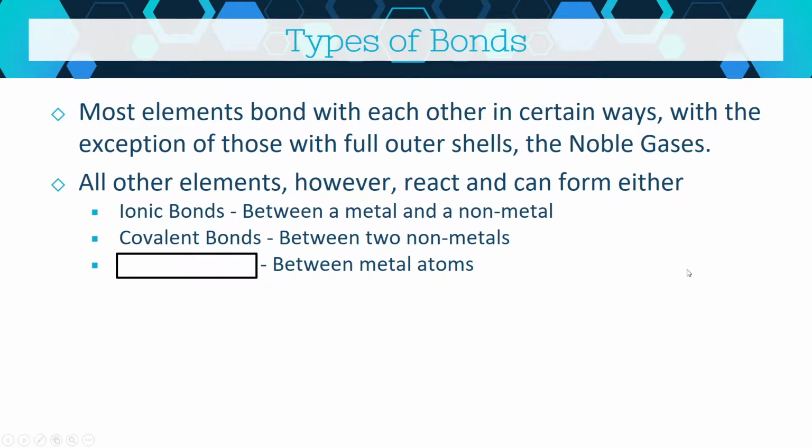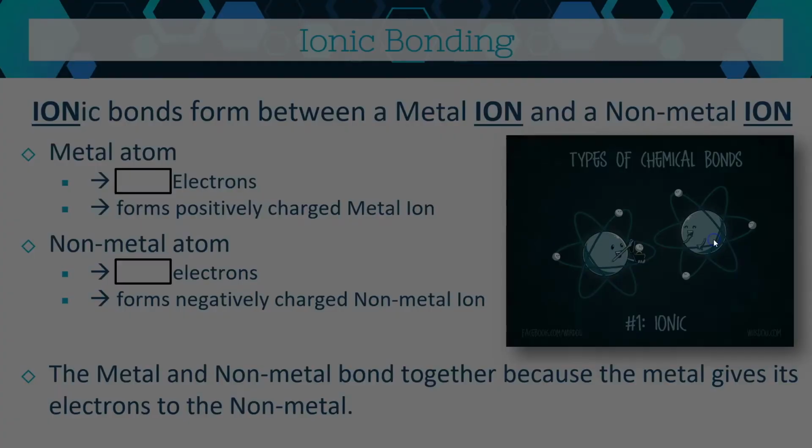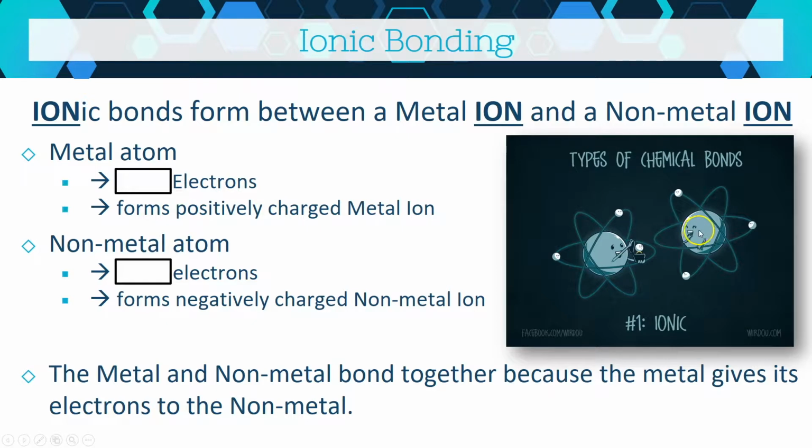And this is because the co there means to share, and valent is referencing valence electrons. So covalent bonds are those that are formed where atoms are sharing their valence electrons. Finally, if you have metal atoms, we get metallic bonds. Hopefully that's pretty obvious why they're called metallic bonds. So let's get into that in more detail.